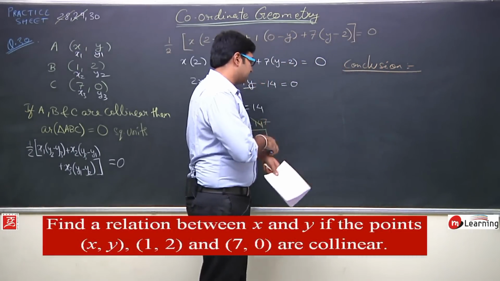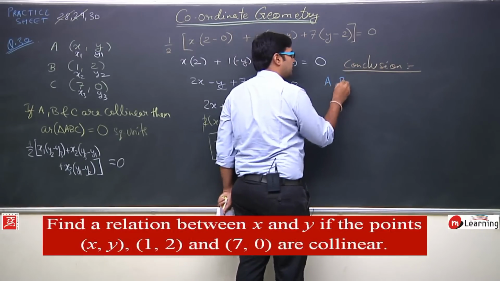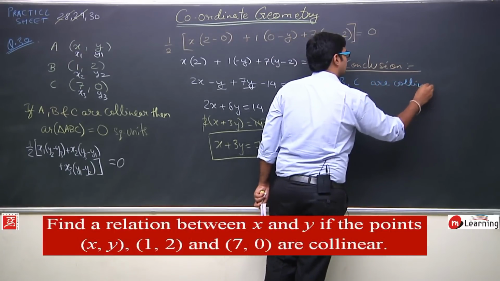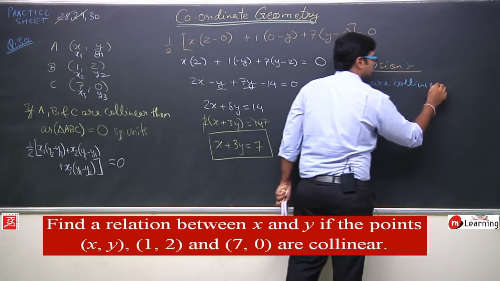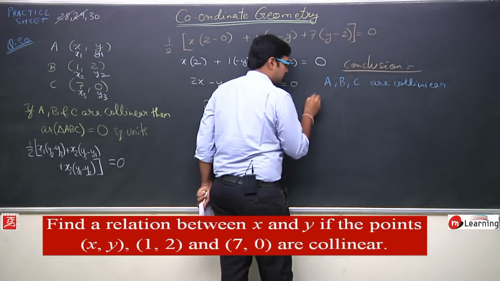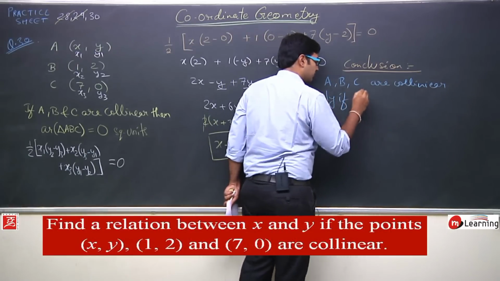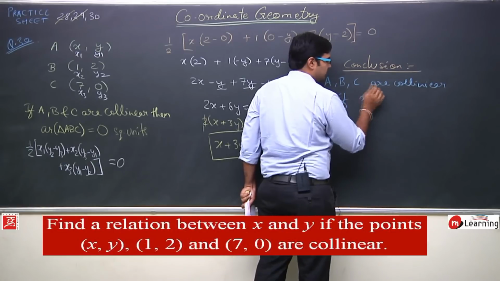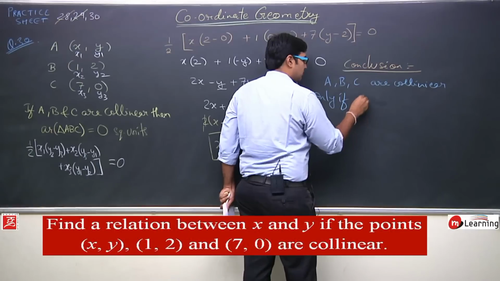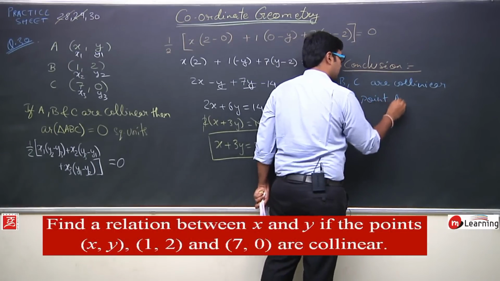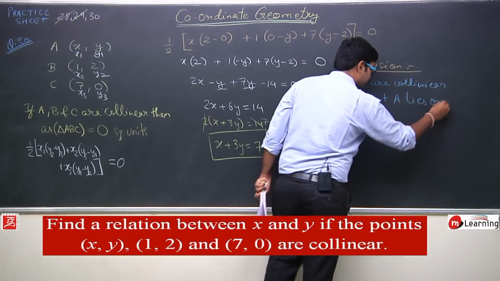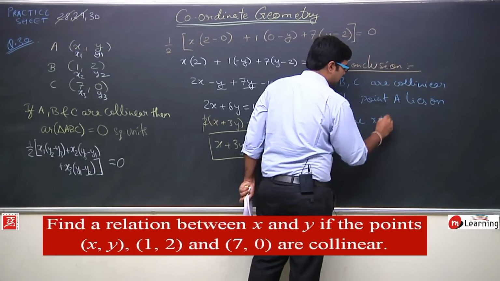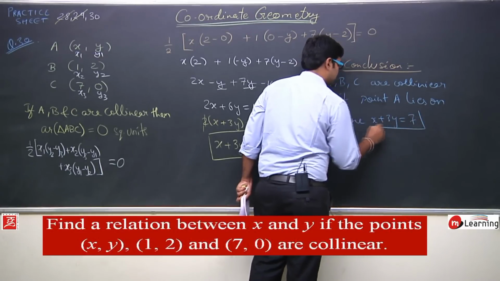The conclusion is: A, B, C are collinear only if x and y, or I can say only if point A lies on the line x plus 3y is equal to 7.